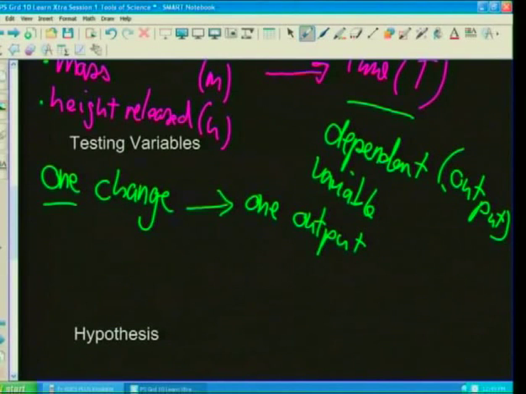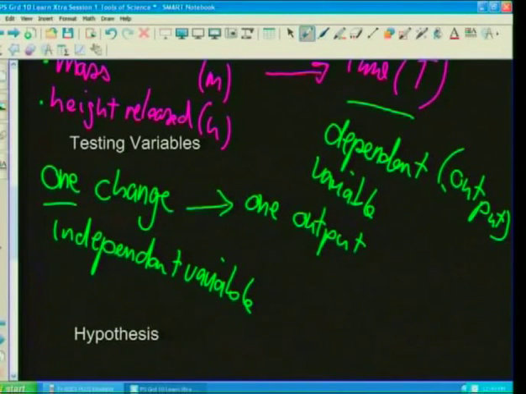This one change is known as the independent variable. So now you're asking me, but hold on, what about the other variables? Well, when we do a test, we must make sure that we control these other variables.